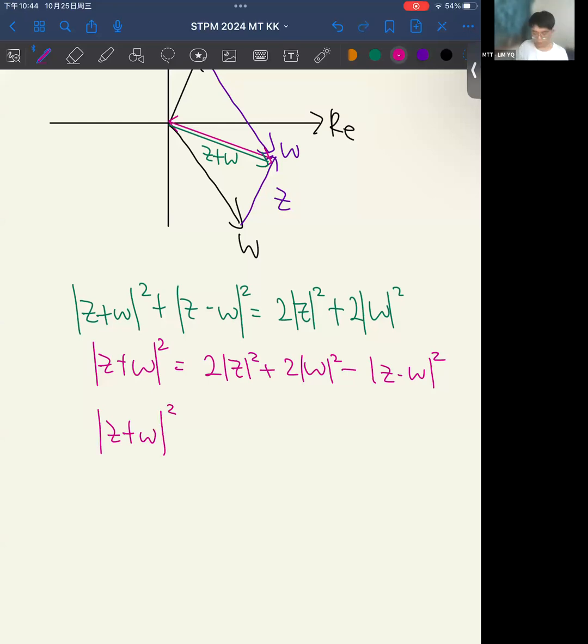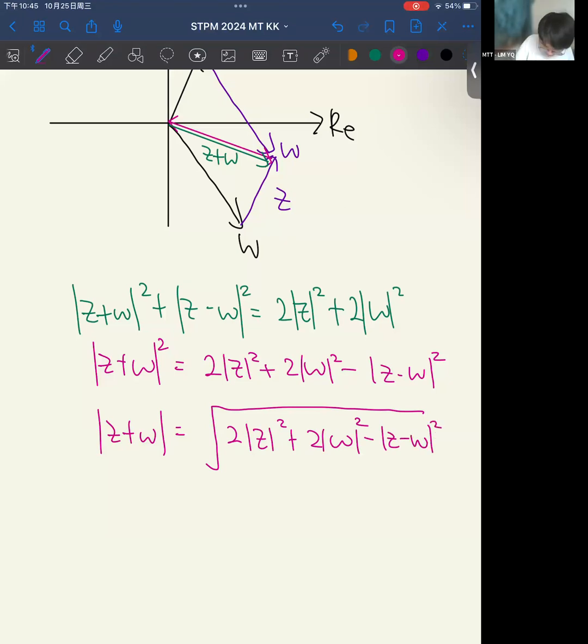Definitely, it is a positive value. So when you take the square root, we will just take the positive square root only of this, minus modulus Z minus W squared.